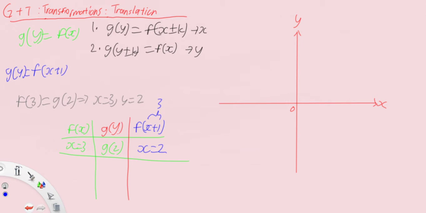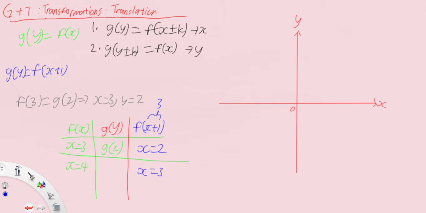Whatever happens is that you start to notice a sort of trend. If we have, let's say, x equals 4 on our f(x), then our corresponding x value in f(x plus 1) would be x equals 3. And you notice that it kind of makes sense. All your x values are now 1 less.